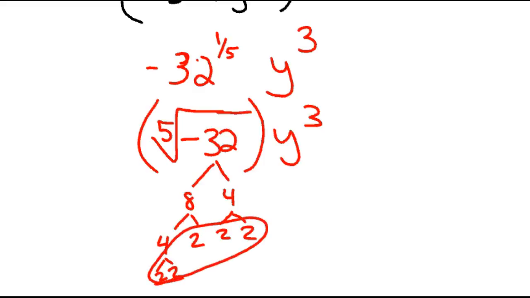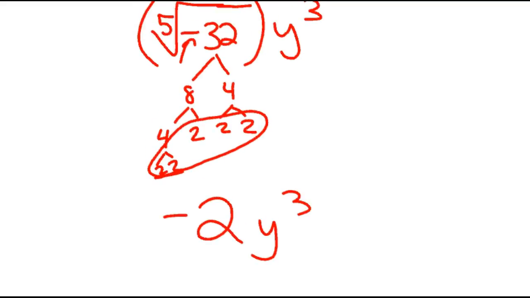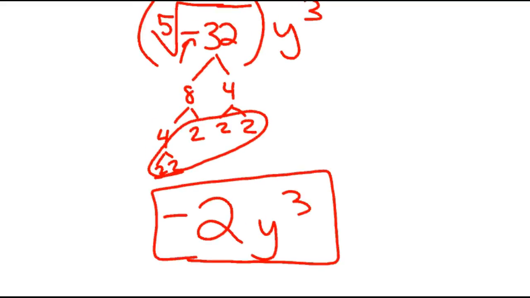So your base number is 2. It is negative 2, and I apologize if you also had a negative in there. It'd be negative 2y to the 3rd power. And so there's your final answer.